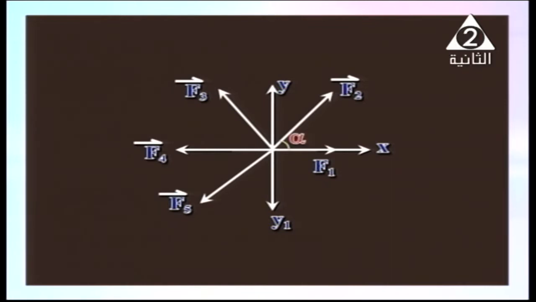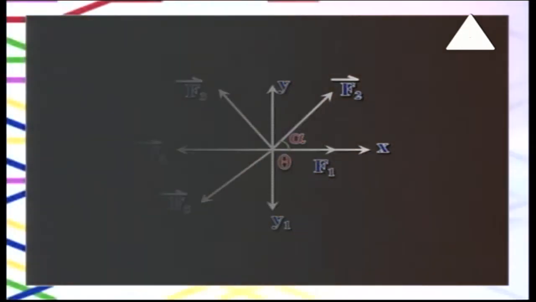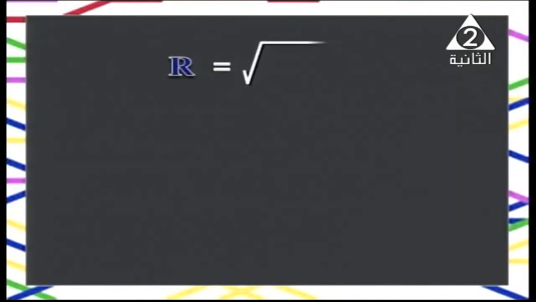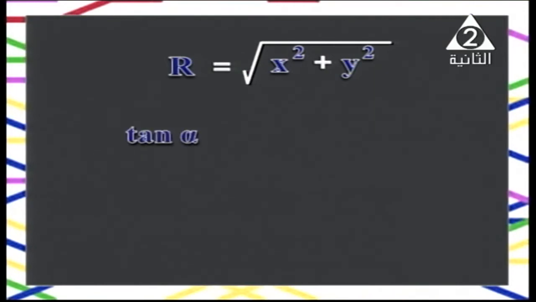The angle between F2 and X is alpha, and between F1 and Y is theta. Then the resultant R equals the square root of x squared plus y squared. Direction: tan alpha equals y over x. What do you deduce, my dear student?